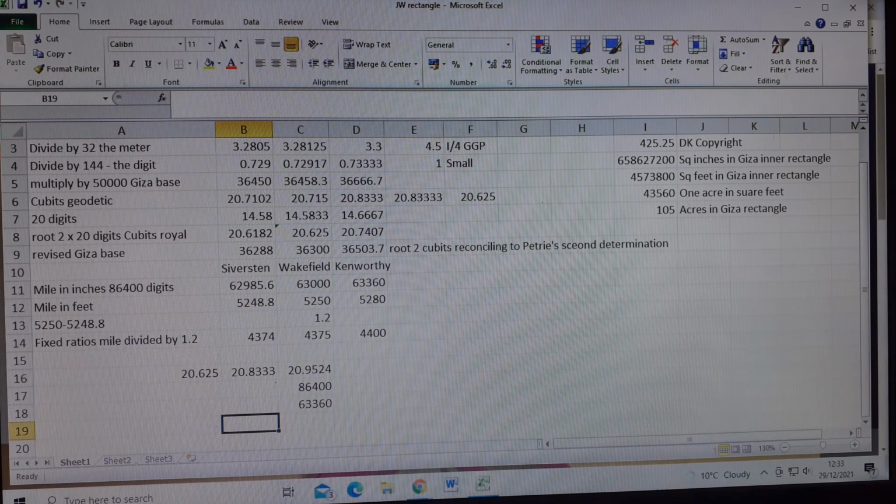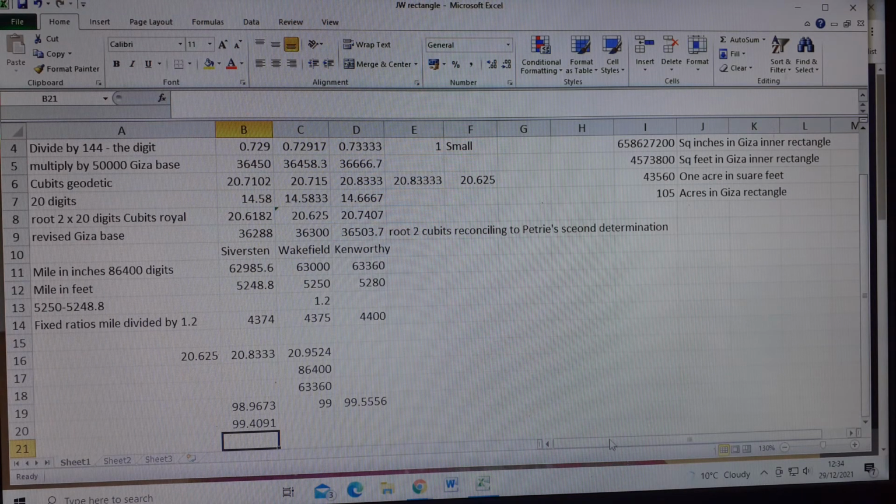So if we multiply, and if we multiply, these are the proximities that we're getting from these cubits, that line there and that line there.